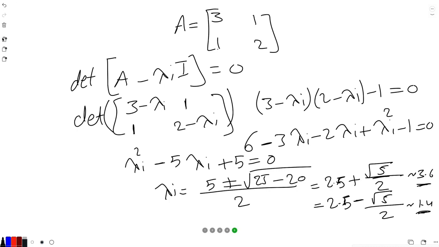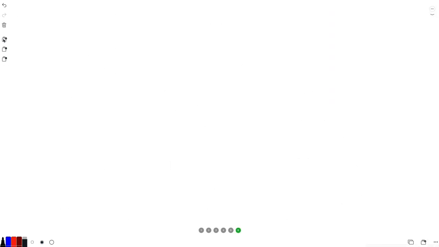Let us go to another slide. Now we said that matrix A times X_i equals lambda I times X_i. As we said, lambda 1 is about 3.6, for example, in the previous matrix.